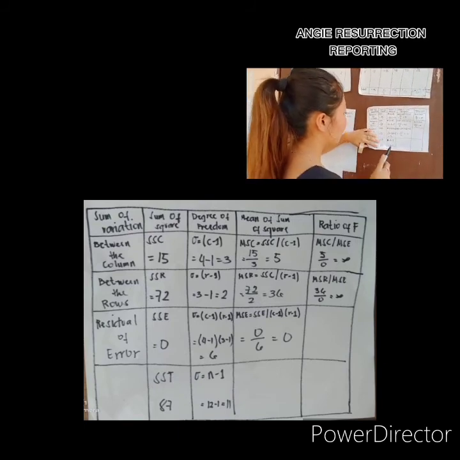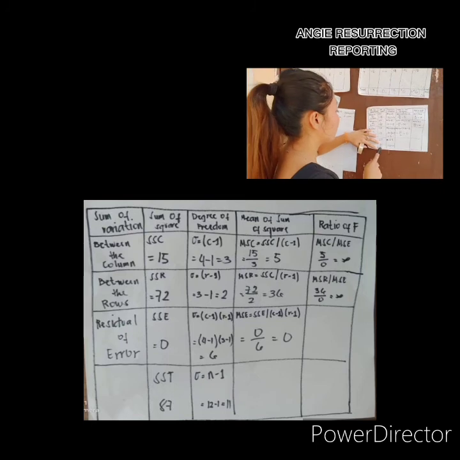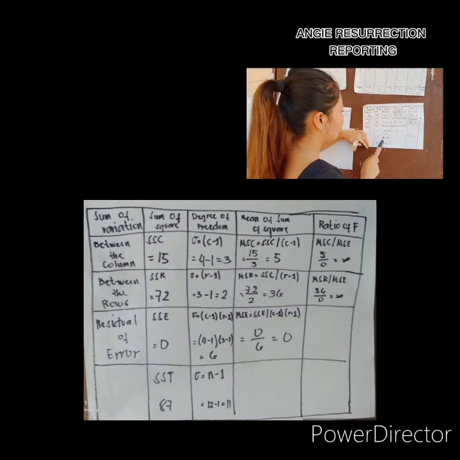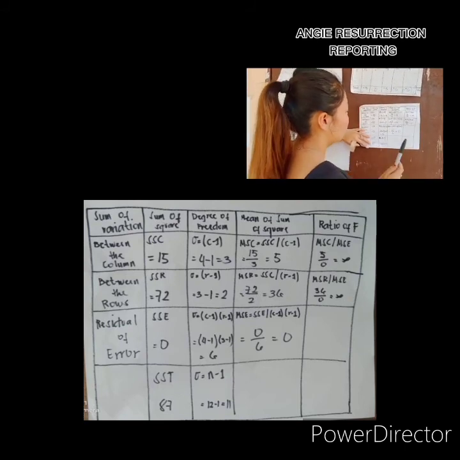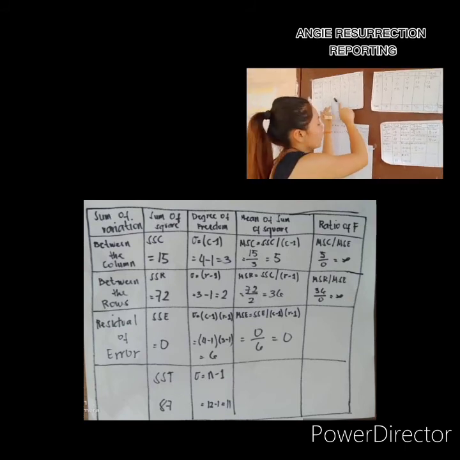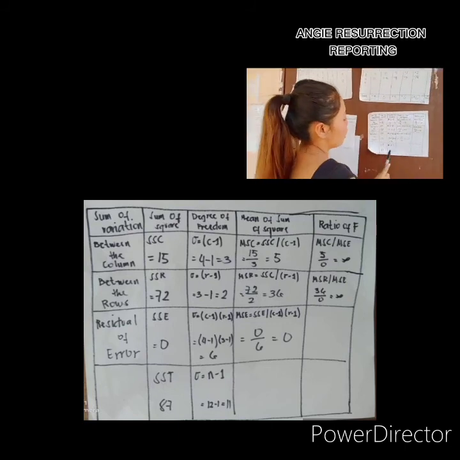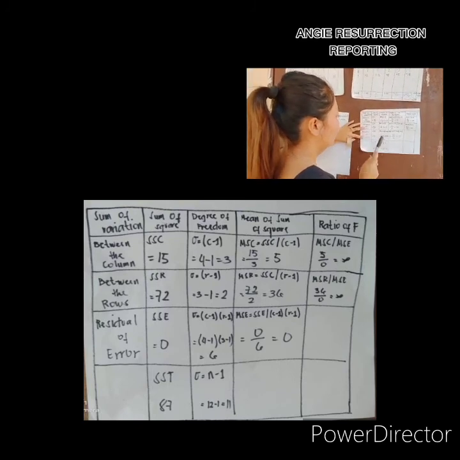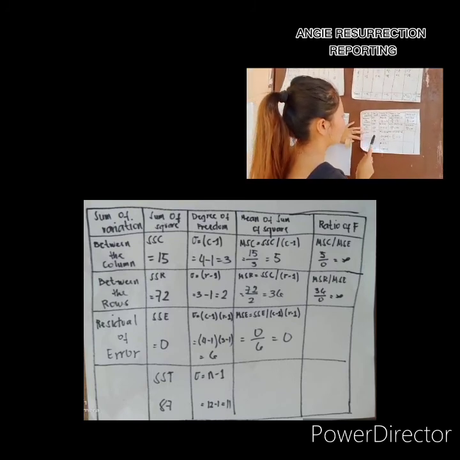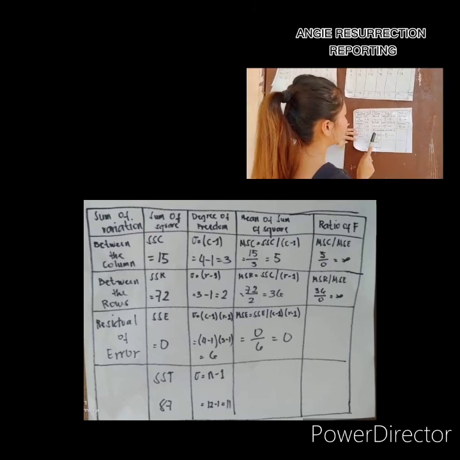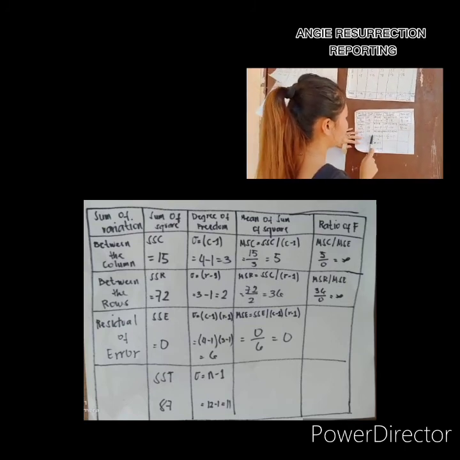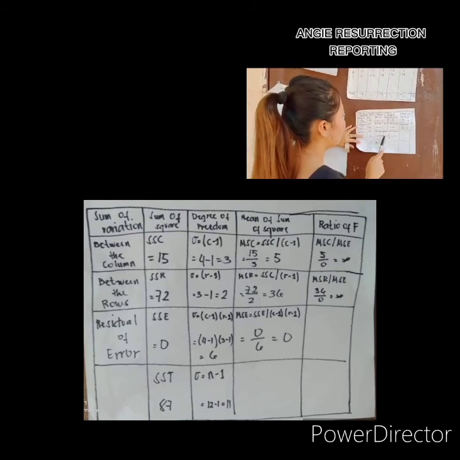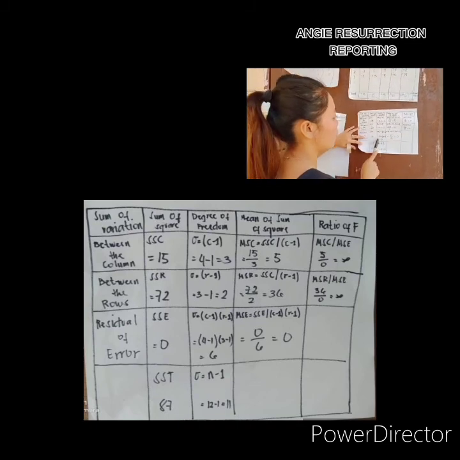So next is SST, which is equal to 87. Then the total degree of freedom is N minus 1, which is 12 minus 1, equal to 11. So the residual of error SSE is equal to 0. Then the degree of freedom is C minus 1 times R minus 1, which is 4 minus 1 times 3 minus 1, equal to 6.